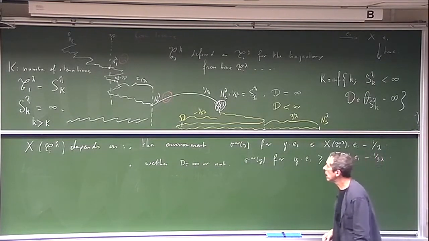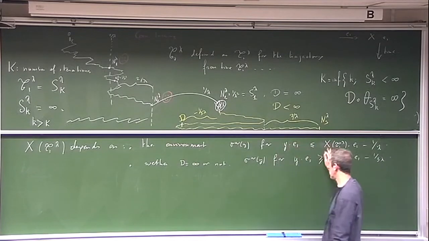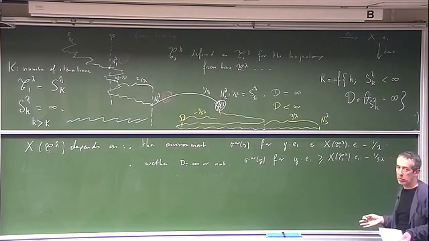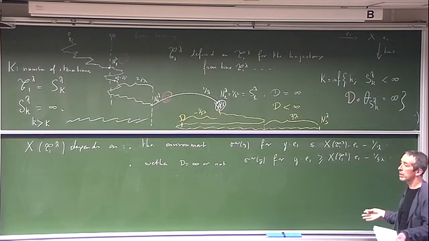Okay? And these two parts of the environment are separated by a length at least R0, if we choose lambda small enough.